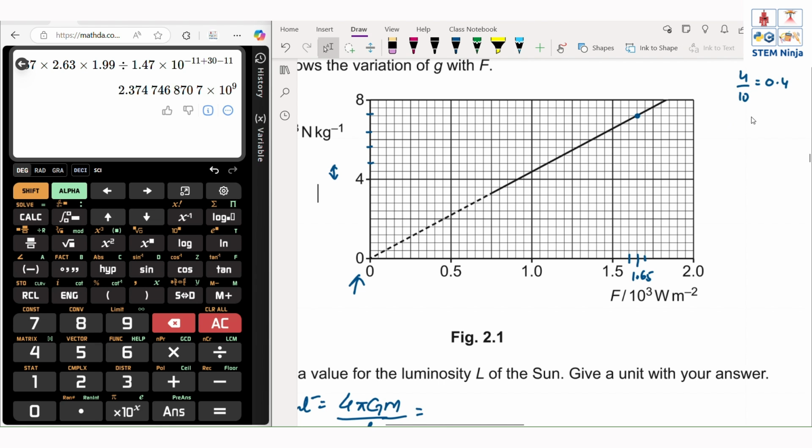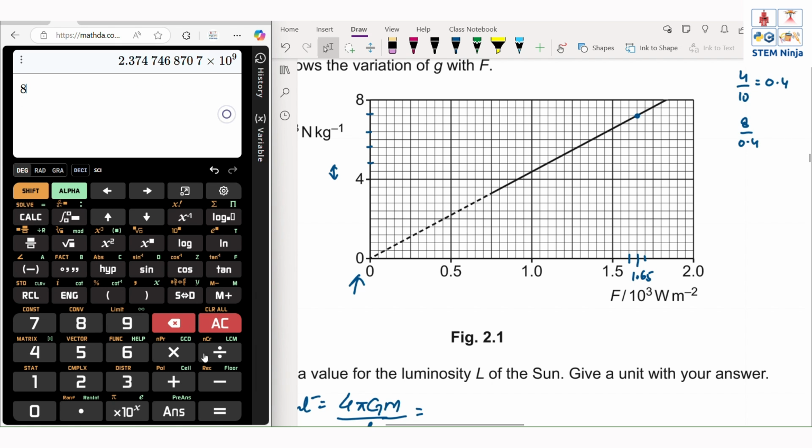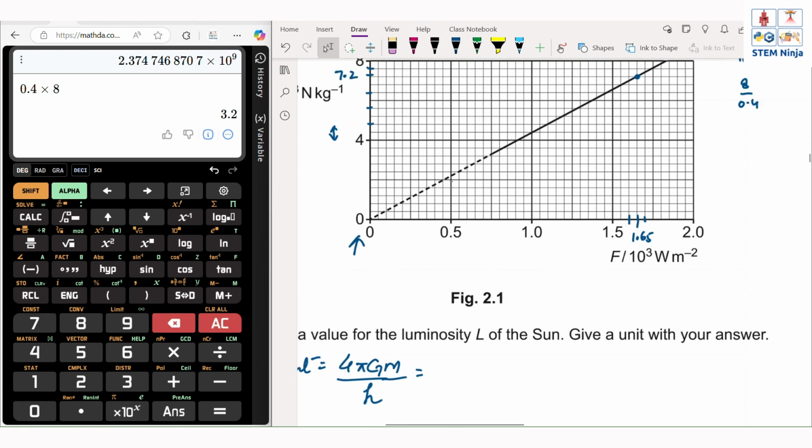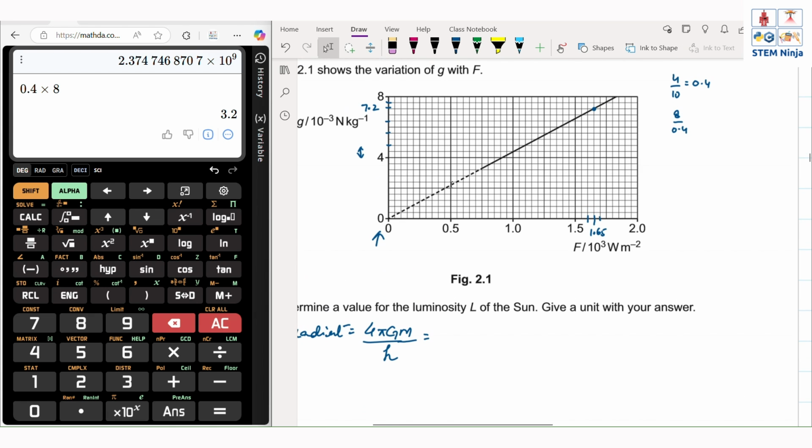Sorry, each box, so 0.4 times 8 would be 3.2. So 4 plus 3.2 is 7.2. Okay, so this is 7.2, this one would be 7.6, and then that would be 8. So 7.2.